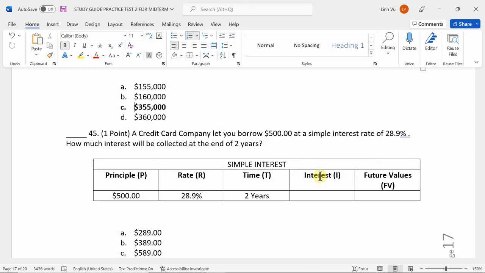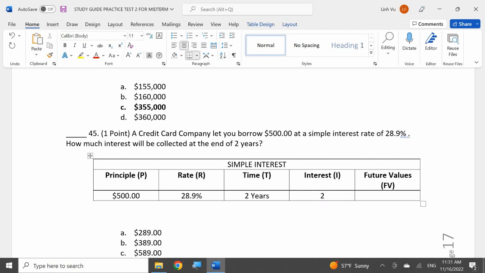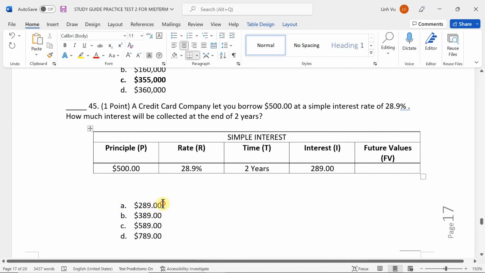You take your $500, multiply by 0.289, and multiply that by 2 years. So therefore, you should have a total interest of $289. And that is the answer for letter A. Okay?